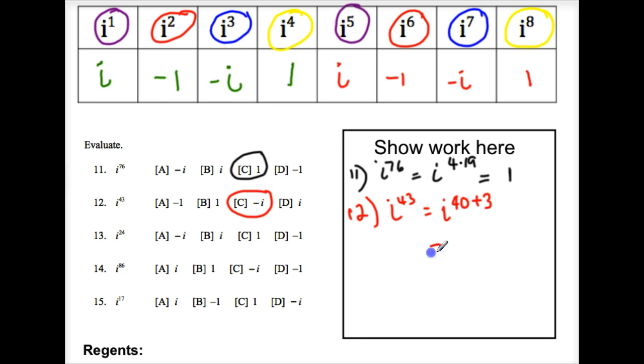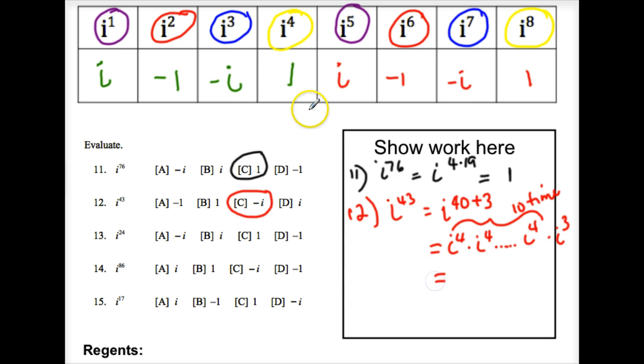So again, i to the 40th power is the same as me writing i to the 4th times i to the 4th, blah, blah, blah, i to the 4th. This is going to be 10 times. And then I have i to the 3rd.